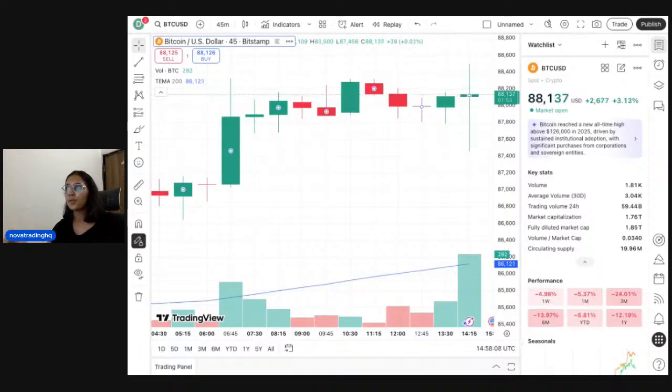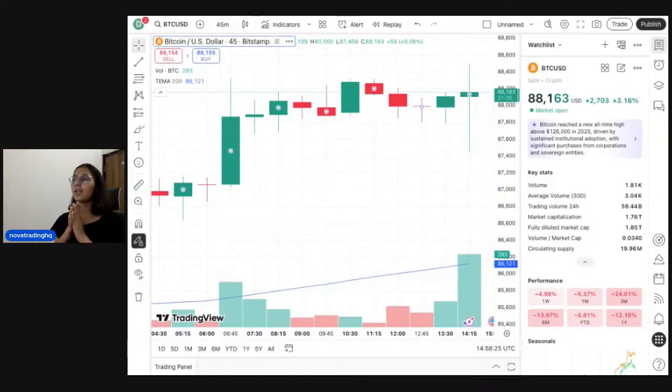You just need one of these. The first is a strong bearish impulse candle which closes below 87,100 to 300 somewhere. So we need a very strong bearish impulse candle.